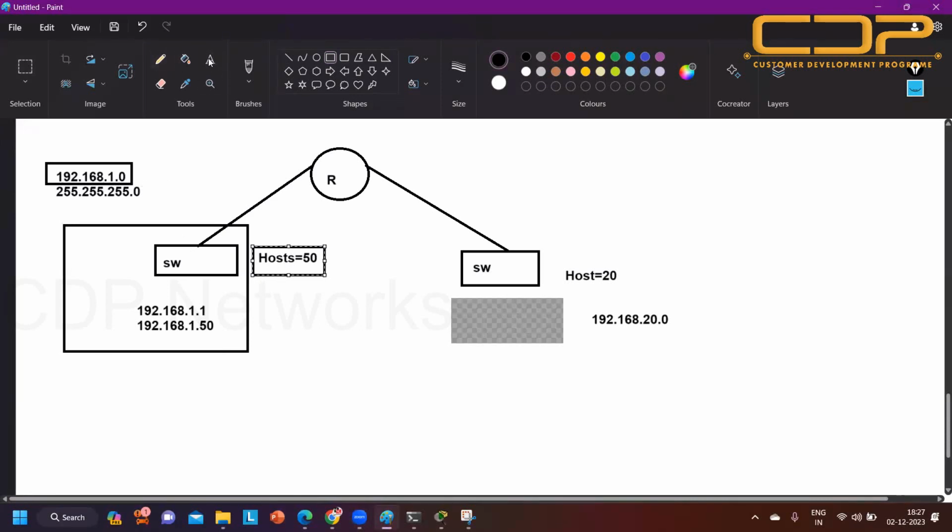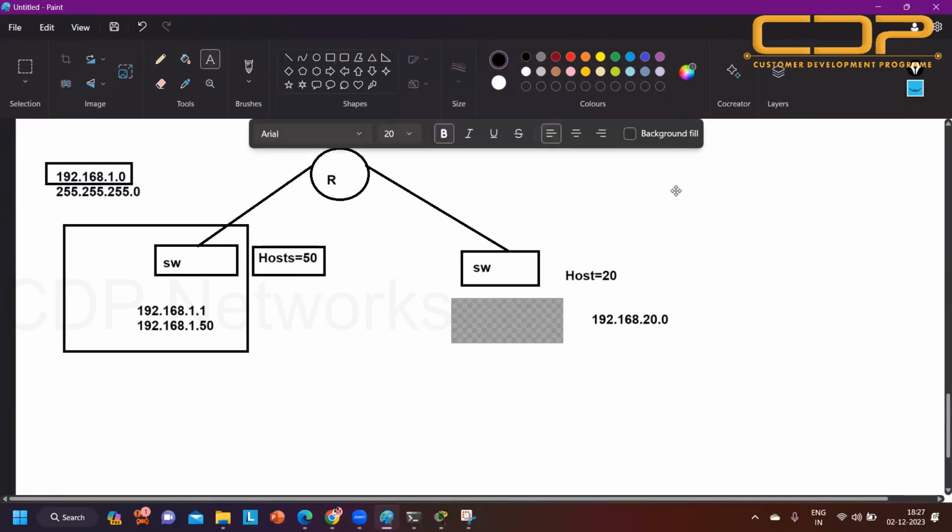If you pick any IP address from class A, let's say the network ID is 10.0.0.0, this network belongs to class A. This is the subnet mask.